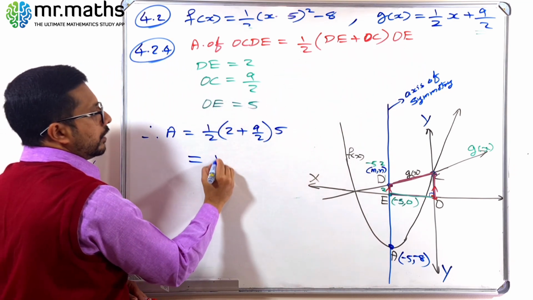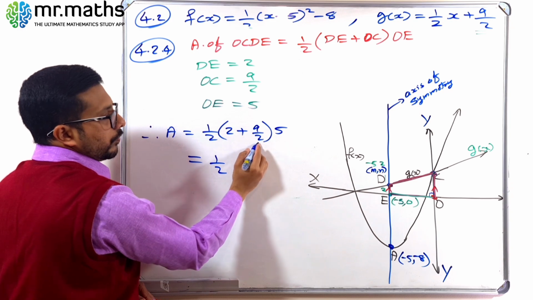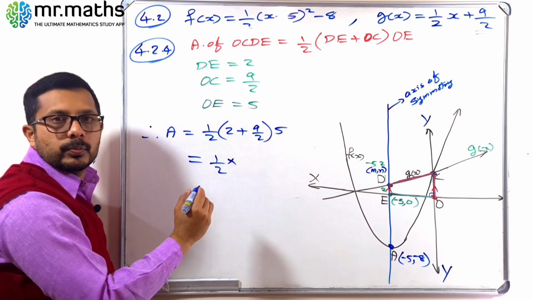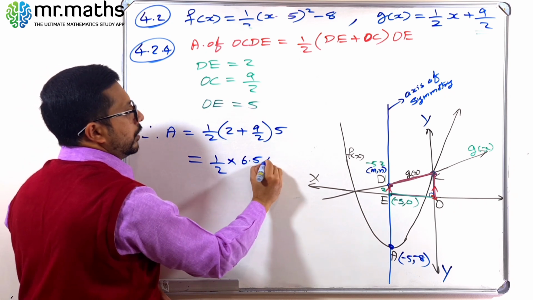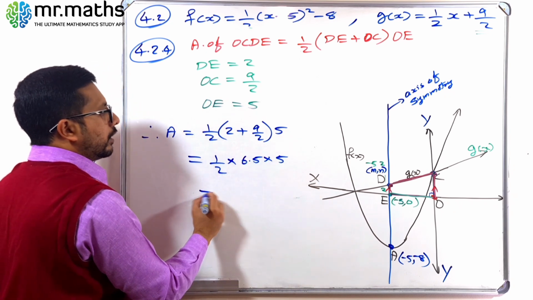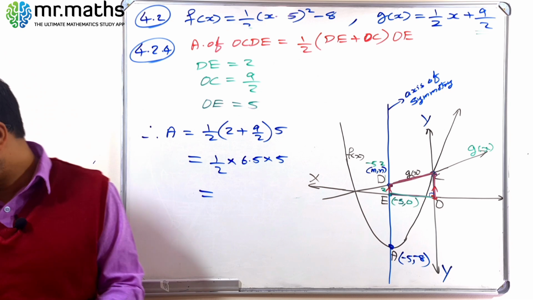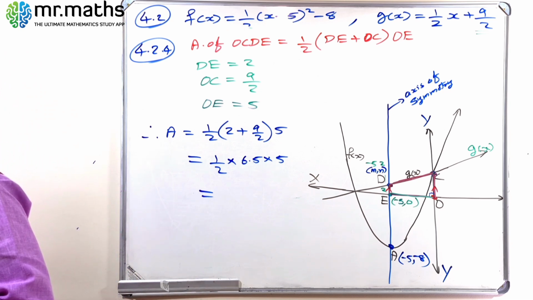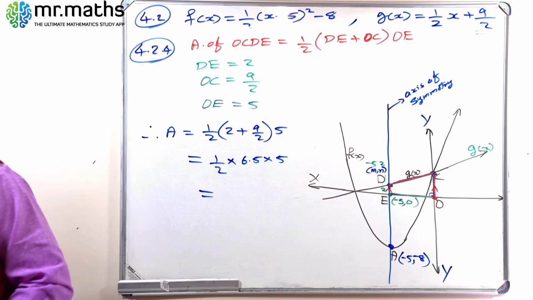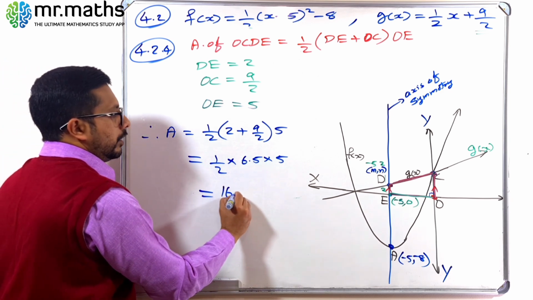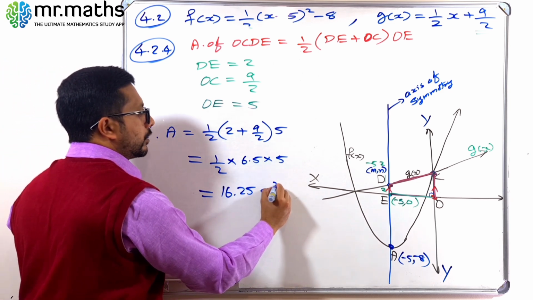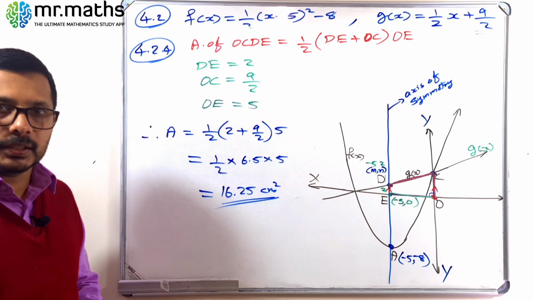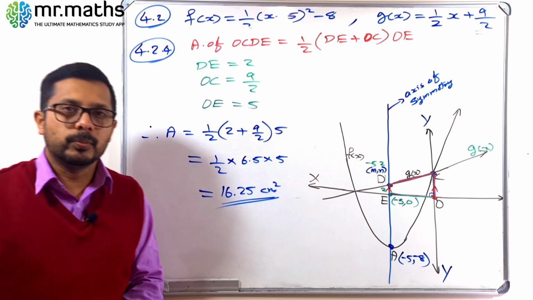Check in your calculator. 4.5 plus 2 is 6.5. 6.5 times 5, in your calculator you will get 16.25 centimeters squared. So that is the area of OCDE. That is question number 4.2.4.